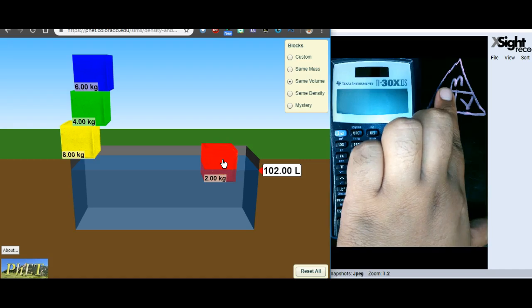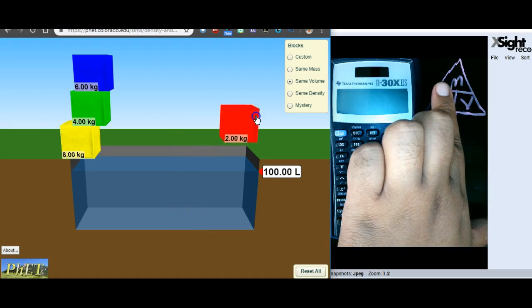This is a problem with objects that float. You have to take the object and sink, dunk, or drag the entire thing to the bottom in order to get the volume. So now that I'm looking at it, it started off at 100 mLs, and now it's at 105 mLs. That means that the volume of this object is 5 mLs.